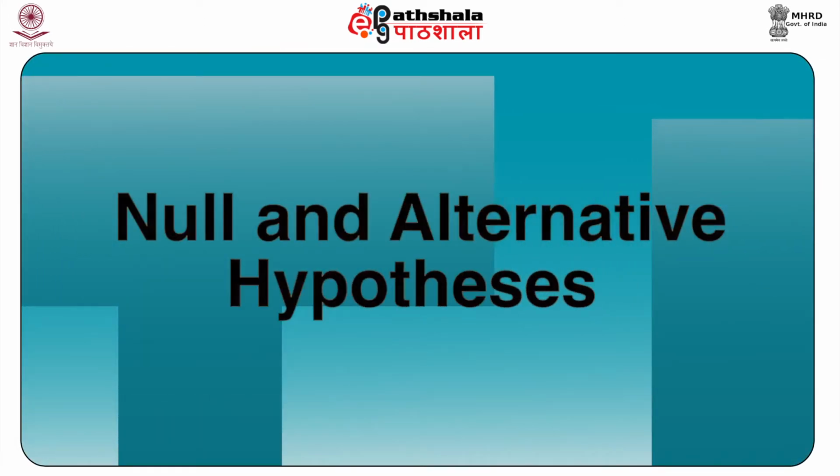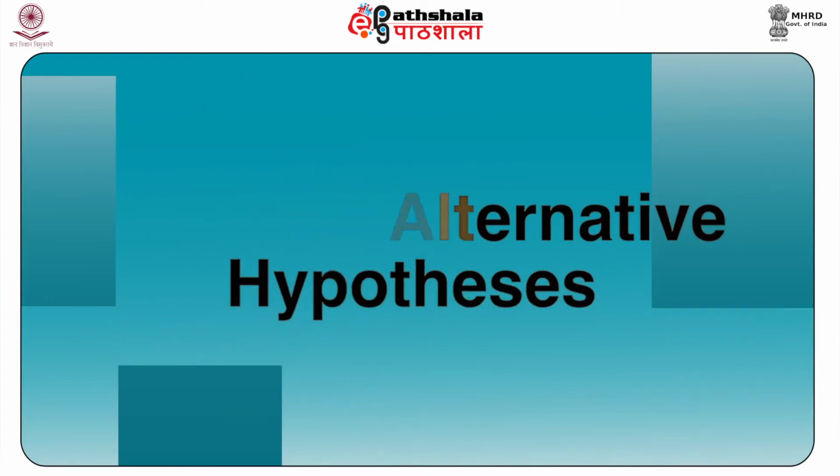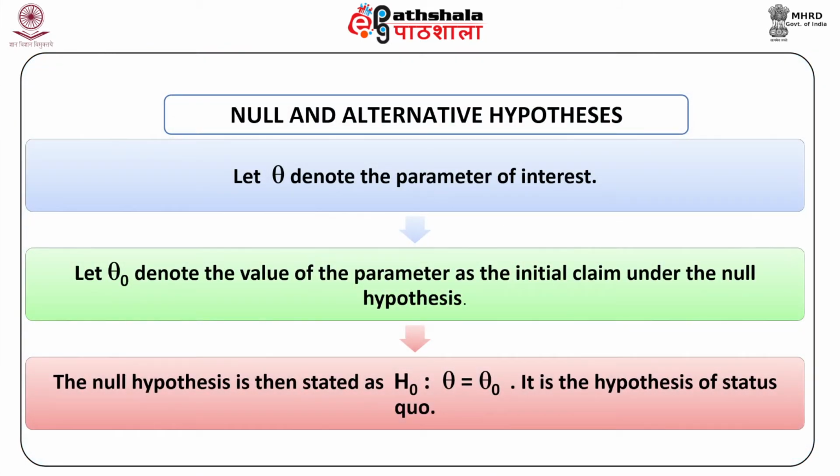Let's look at the null and alternative hypotheses in some more detail. Let theta denote the parameter of interest. This may be the average monthly sales, average productivity, average wages, or even the difference of wages in organized and unorganized sectors, or it could be the proportion of visitors to a shopping center who actually make a purchase, etc. Let theta 0 denote the value of the parameter as the initial claim under the null hypothesis.